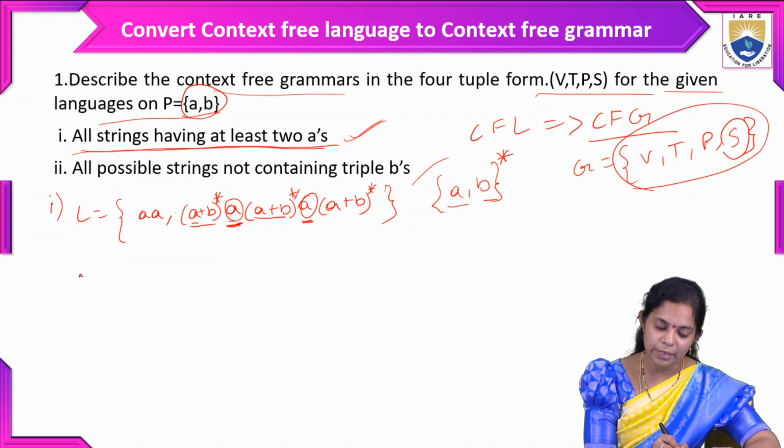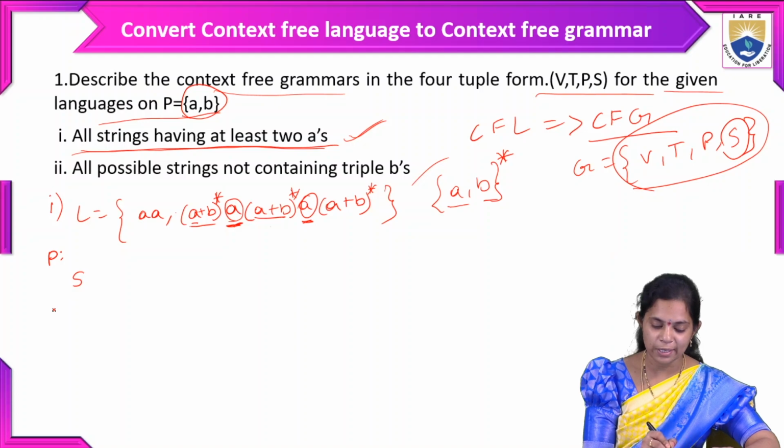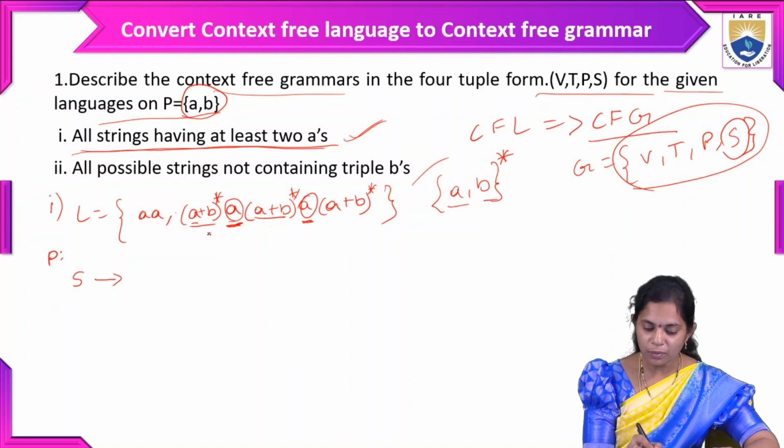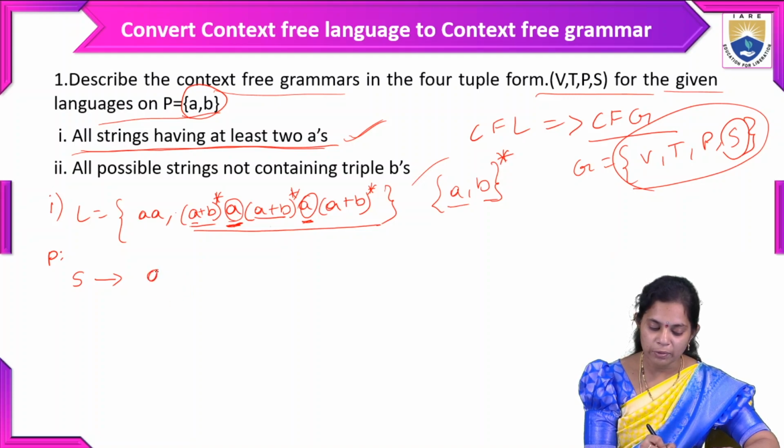So how do we write it? Let me write the production rules directly. We need to start with S. By seeing this, we can say it is a combination of A, then in between the two A's, (A plus B) whole star is required. So how can I write this?